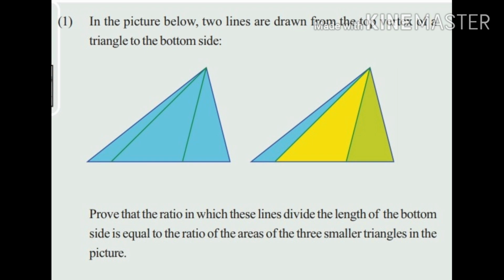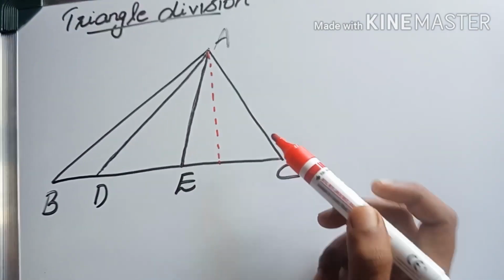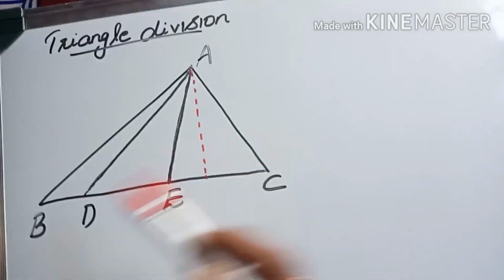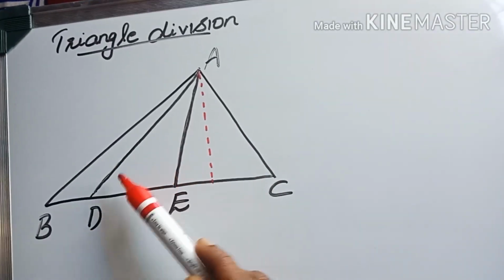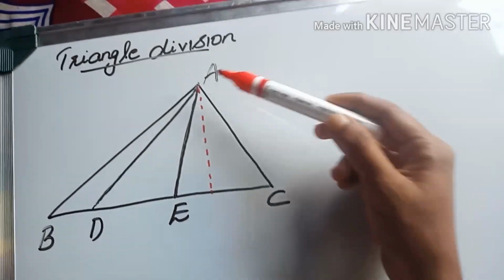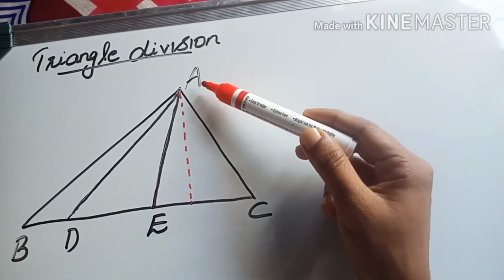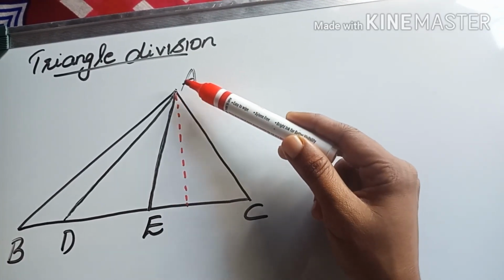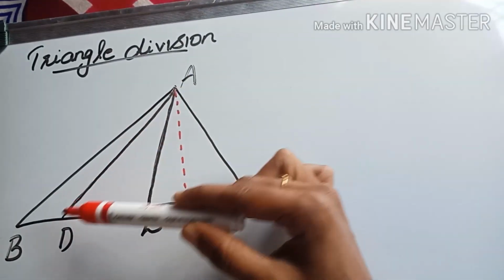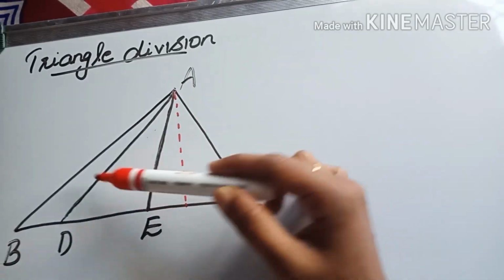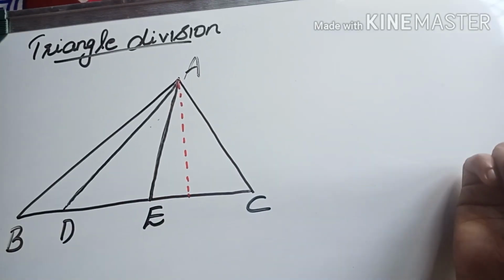Okay, so let's redraw the figure first. So this is the triangle given in the question. The large triangle ABC. Here 2 lines are drawn to the opposite side from the vertex A. So AD and AE are the 2 lines to the opposite side.